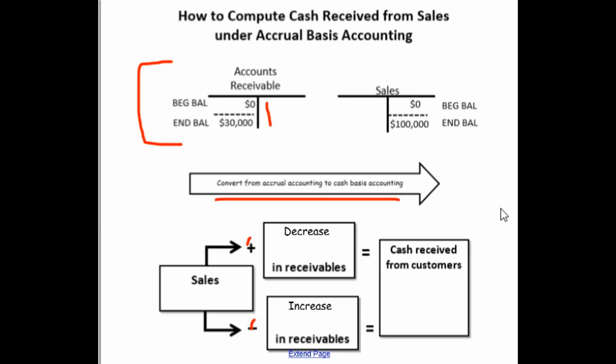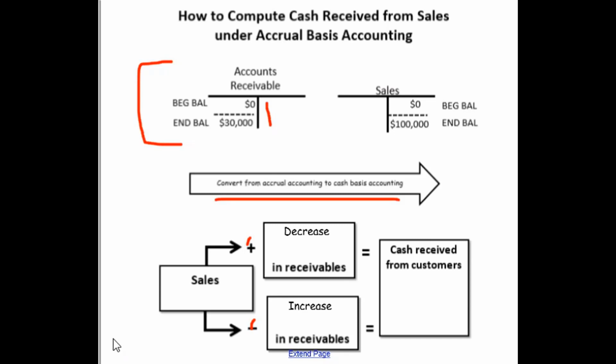The bottom box represents an increase in receivables, and if we have an increase in receivables, we subtract that increase from our sales. Now the nice thing is that this formula for converting accrued sales to cash works for all accrued sales. Once you have this formula, it's the same boxes each time.